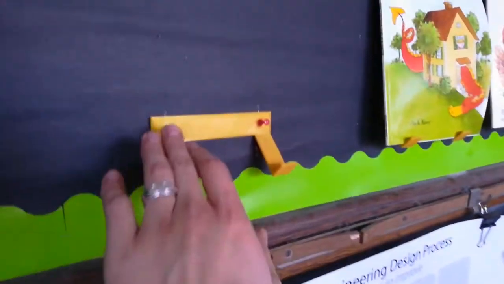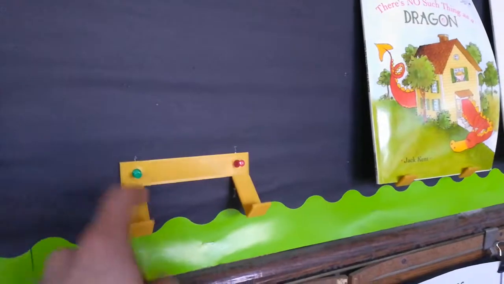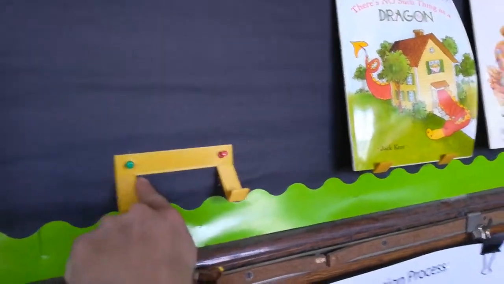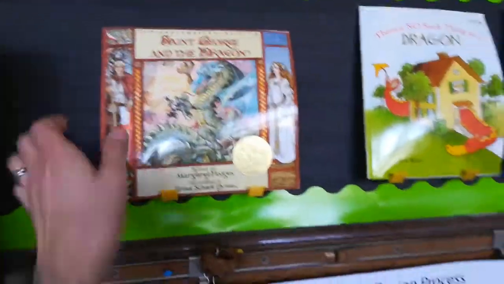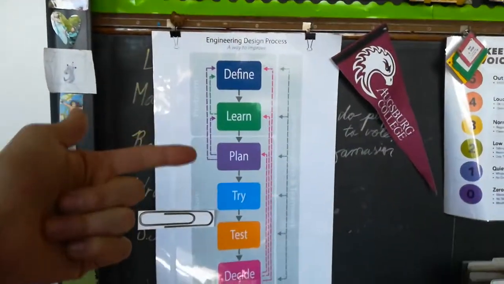And so I have my 2 spots for the thumbtacks. I have these which hold the book, and I ended up cutting this space out. And so the purpose of this is not about success or failure. The purpose of this is showing students how to navigate that engineering and design process.